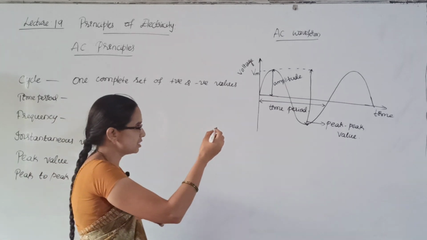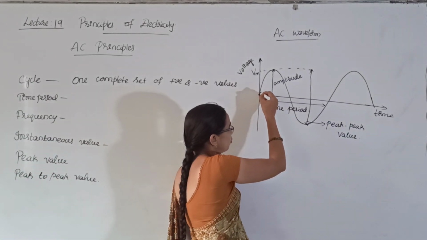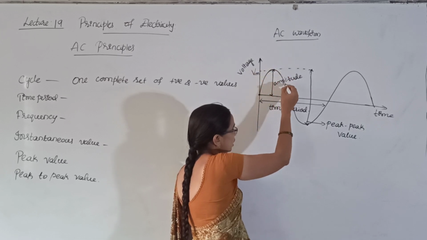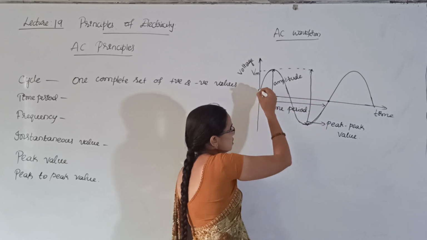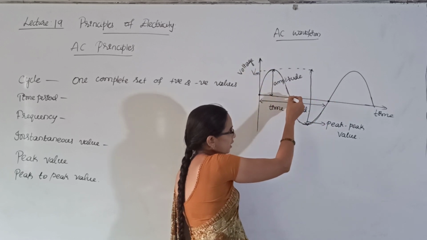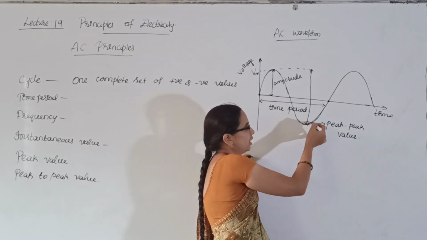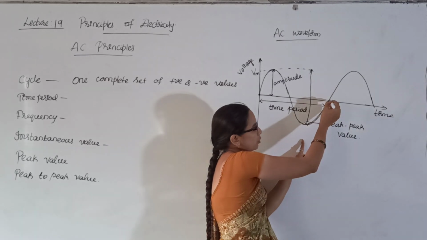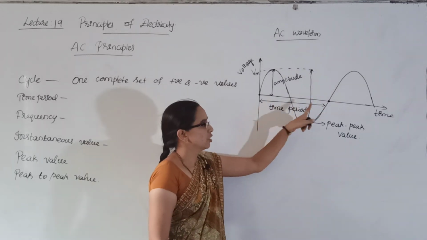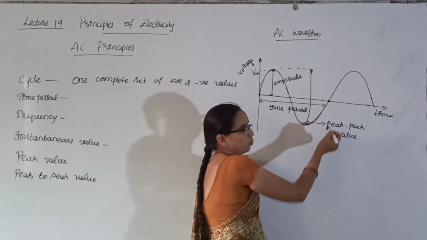Cycle means, in this diagram, if you start from the 0th point and come until the next 0, once it attains the maximum, again it will move in a different direction, in the negative direction, goes to the negative peak and comes back to the 0th line. This completes one cycle.